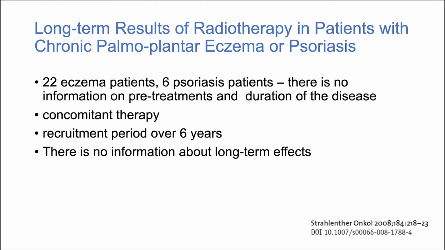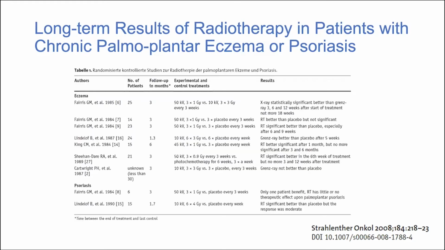There is no information on concomitant therapies. And also the recruitment period for these 28 patients was quite long, so it took over 6 years to collect them. And at the end, we have to state that there is no information about long-term effects.